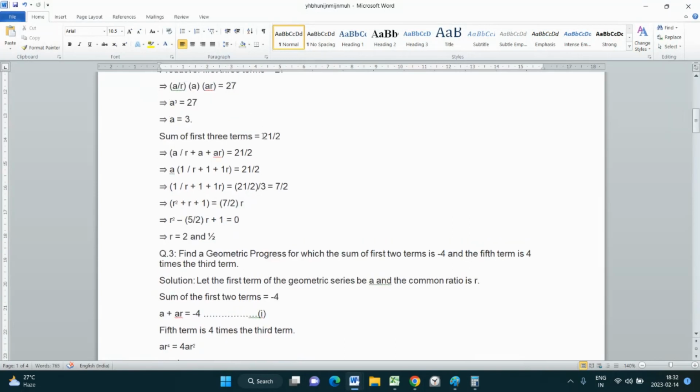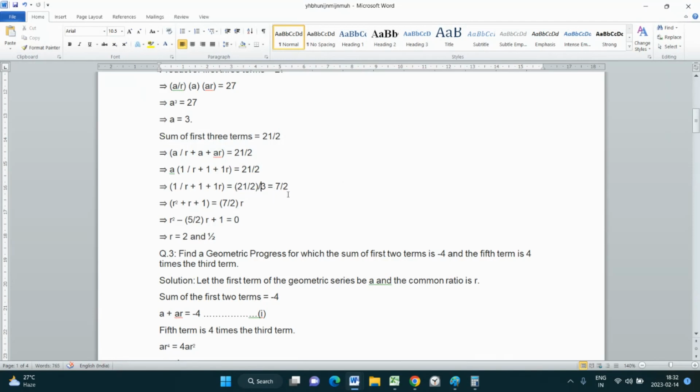Sum of the first terms is 21 by 2. A by R plus A plus AR, this one is correct. 21 by 2. 1 by R plus 1 plus R equals 21 by 2. This 3 of A, we brought it here.